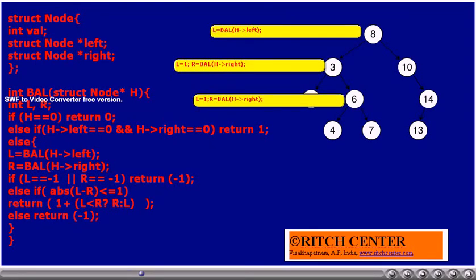Now the right subtree of node 6 is to be traversed. Thus R is equal to bal H arrow right is called. As node 7 is a leaf node, it returns 1.